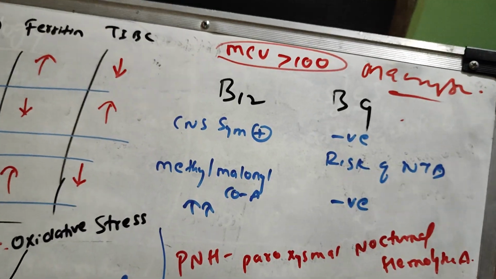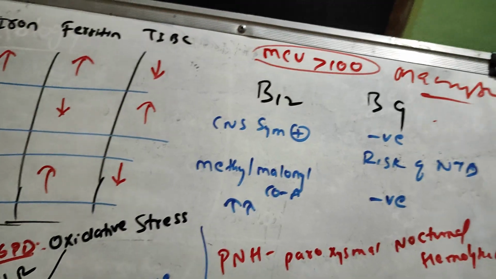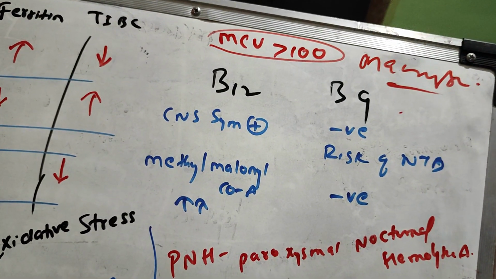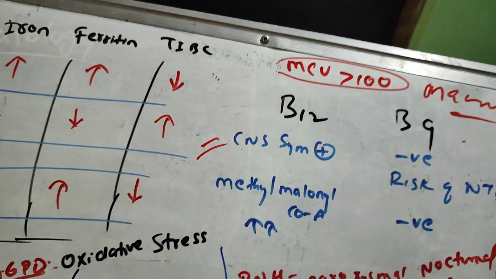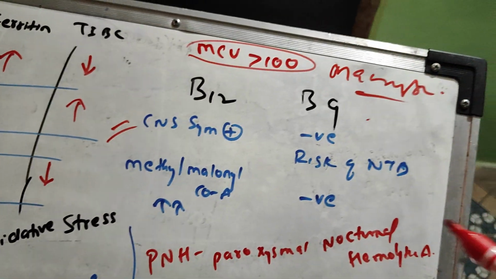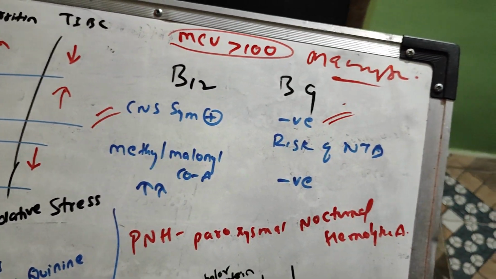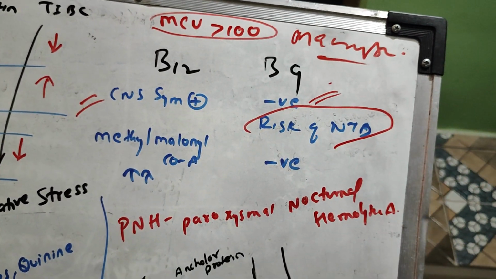So how are we going to differentiate between B12 and B9 deficiency? In B12 deficiency you will see CNS symptoms, whereas in B9 there are no such symptoms, only the risk of neural tube defect.